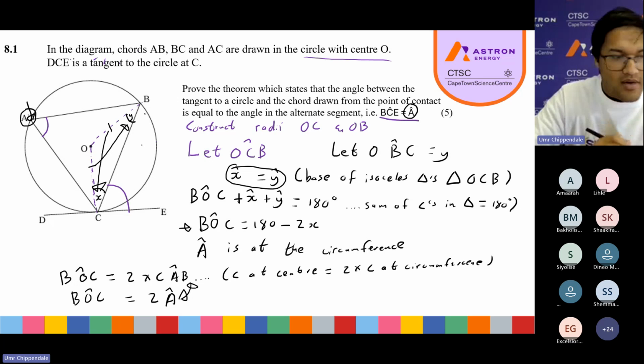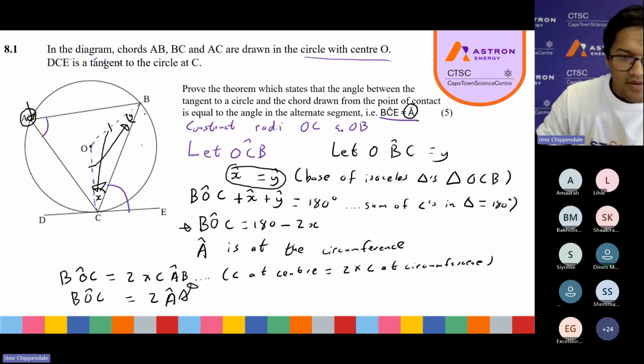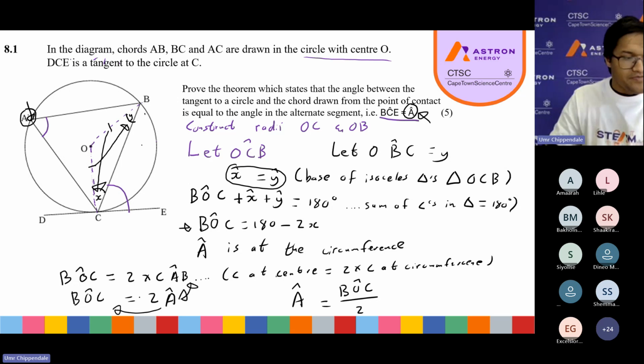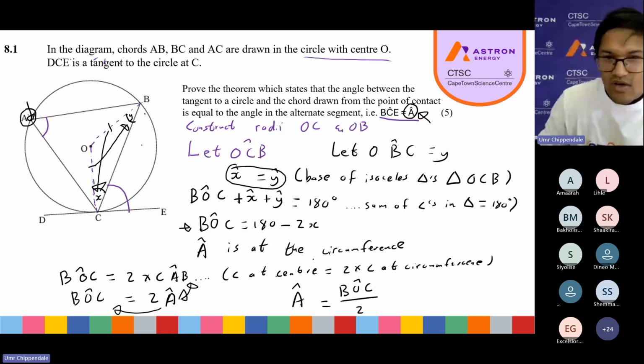Now, how are we going to change this up? We can make A the subject of the formula because they want A. So what we could also say is that angle A is equal to our BOC divided by 2. And where do we get that? We just made A the subject of the formula. Now, we are not done.